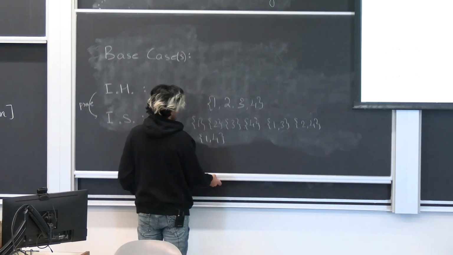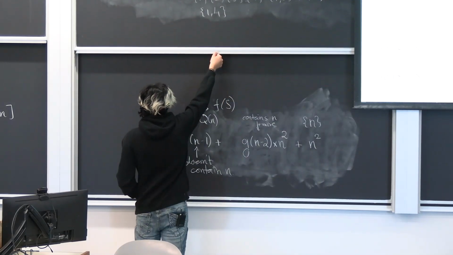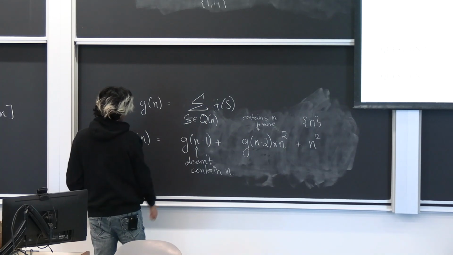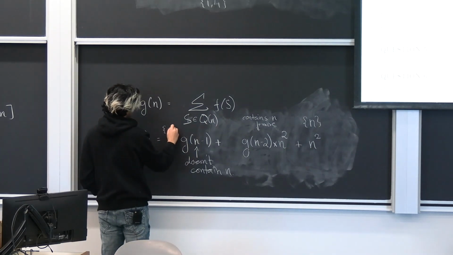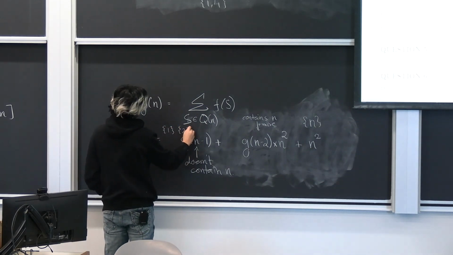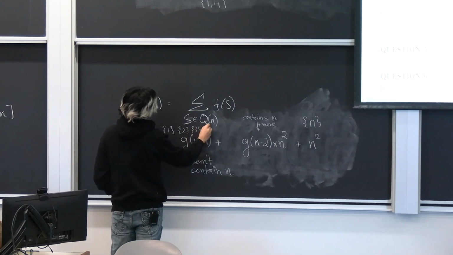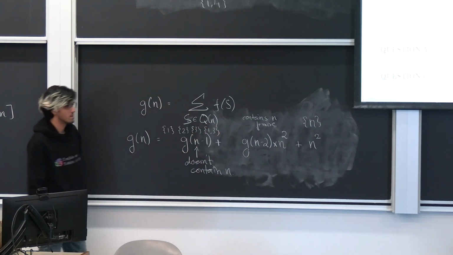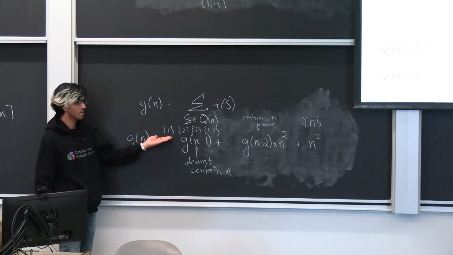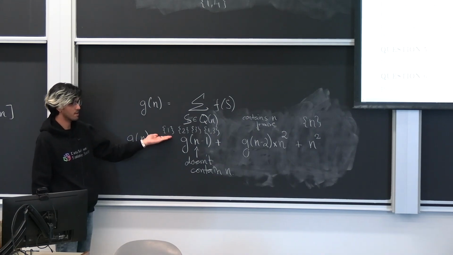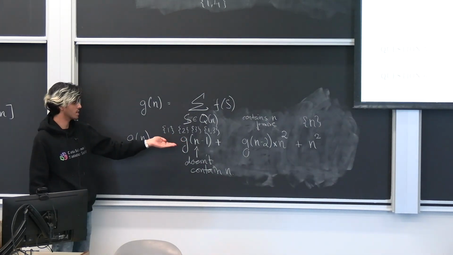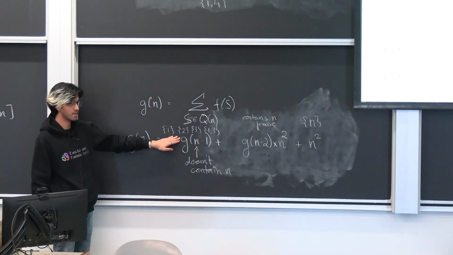The first group, which doesn't contain n, is 1, 2, 3, 1 3. This is exactly the set of subsets from 1 to 3 that don't contain any consecutive integers, right?